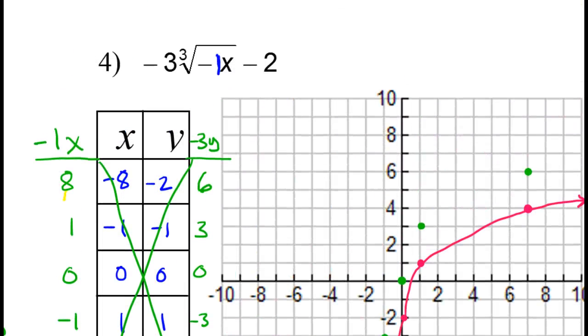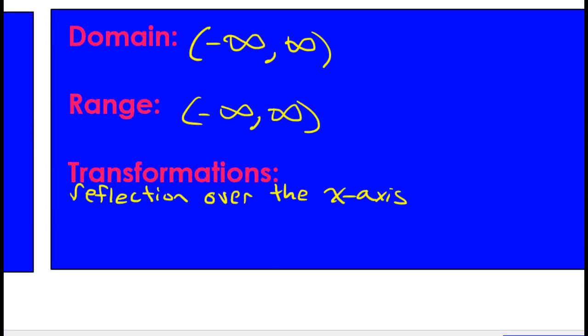Now the 3, ignoring the negative sign for a second, because it's bigger than 1, makes this a vertical stretch by a factor of 3. So any number out front is going to be a vertical something, and if it's bigger than 1, it is a stretch. If it had been less than 1, like 1/3, that would have been a compression. So we will say vertical stretch by a factor of 3.